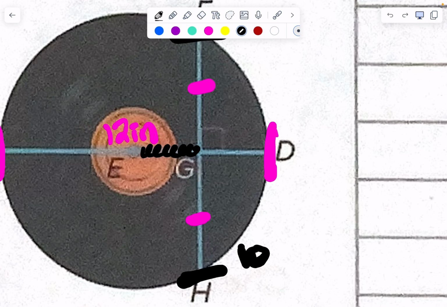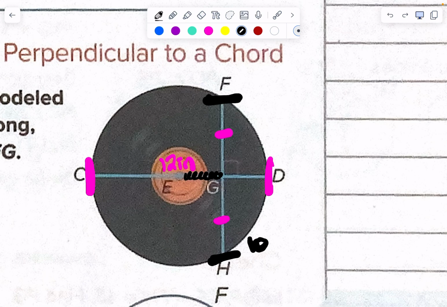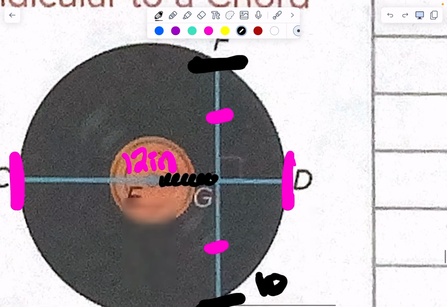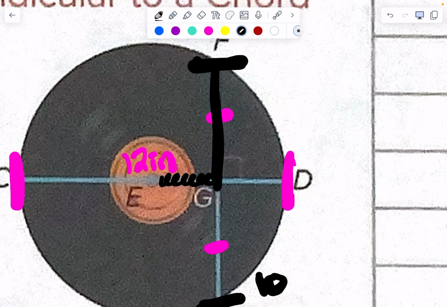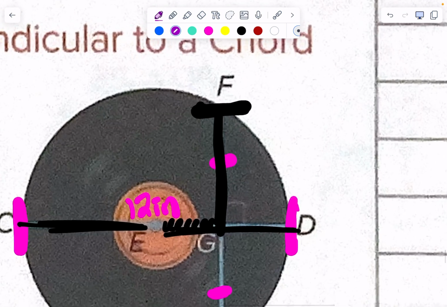This is like really hard to come up with. 5 is this length right here.